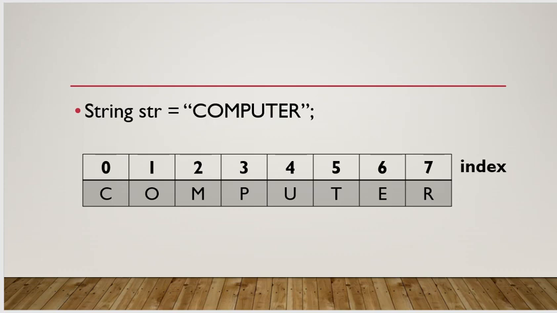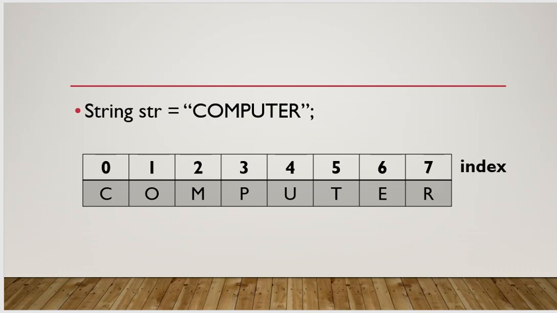In Java, strings are managed as a character array for storing the string character-wise, starting from the subscript 0. So the position of the first character starts from 0 and ends with L minus 1, where L is the length of the string.